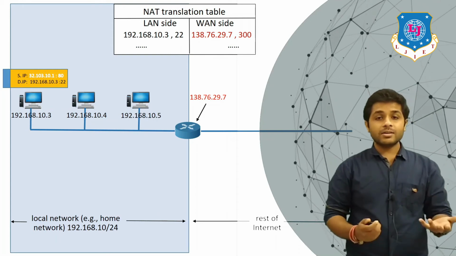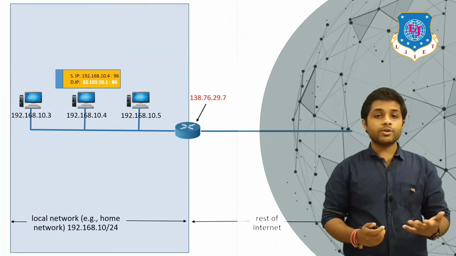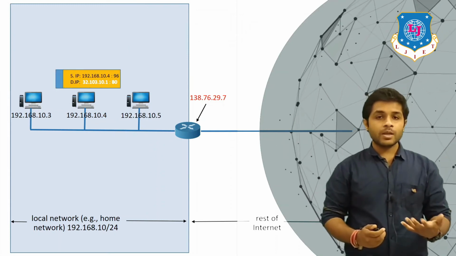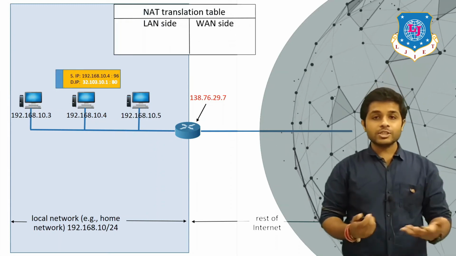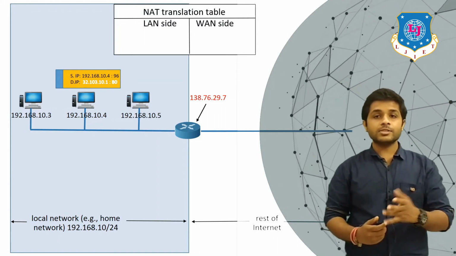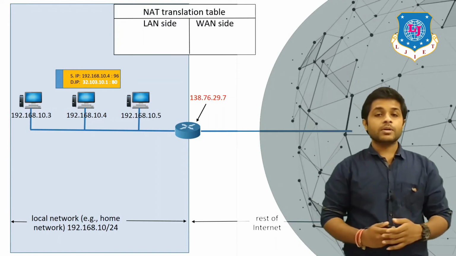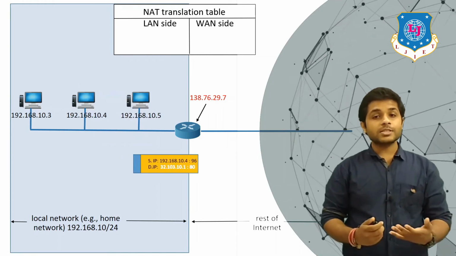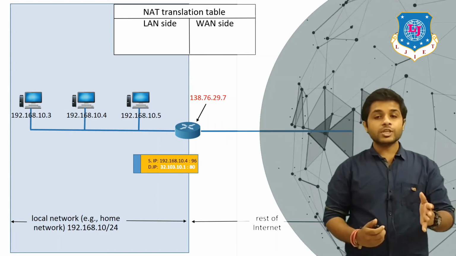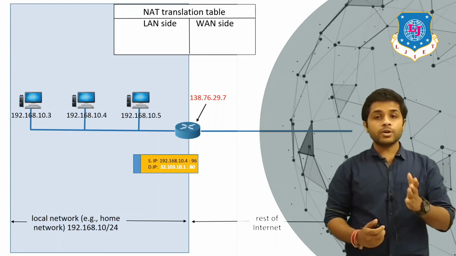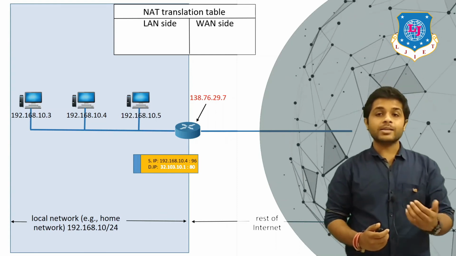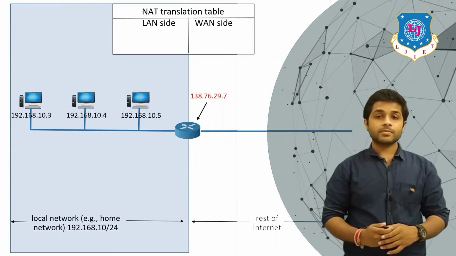Suppose another device, 192.168.10.4, wants to send a message. The same procedure will be followed. In the initial stage the table is empty, and the LAN side and WAN side do not have any entries. When the router receives the message, it will analyze it and make a change. It will change the source IP from 192.168.10.4 to its own IP and its own port address.